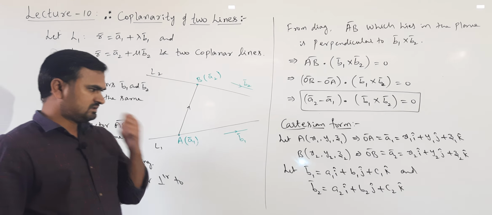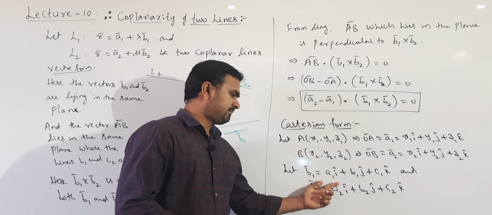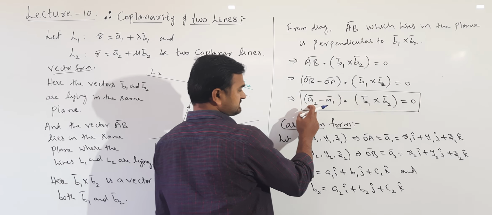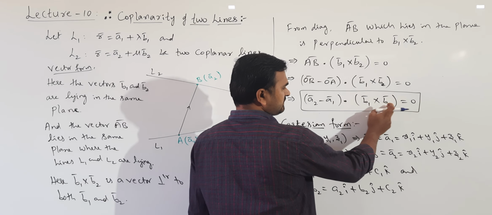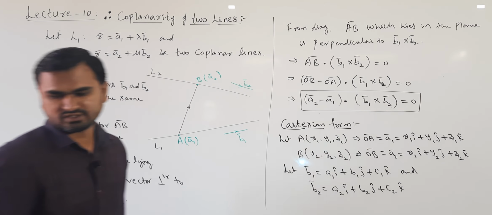So these are the points and parallel vectors we are considering. We are using the vector form to derive the Cartesian form, so first we are writing all the notations: what is A2 bar, A1 bar, B1 bar and B2 bar.